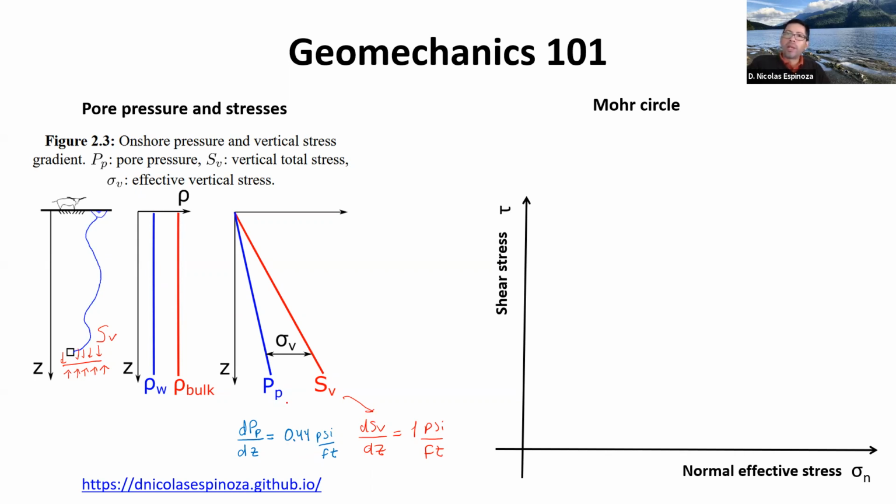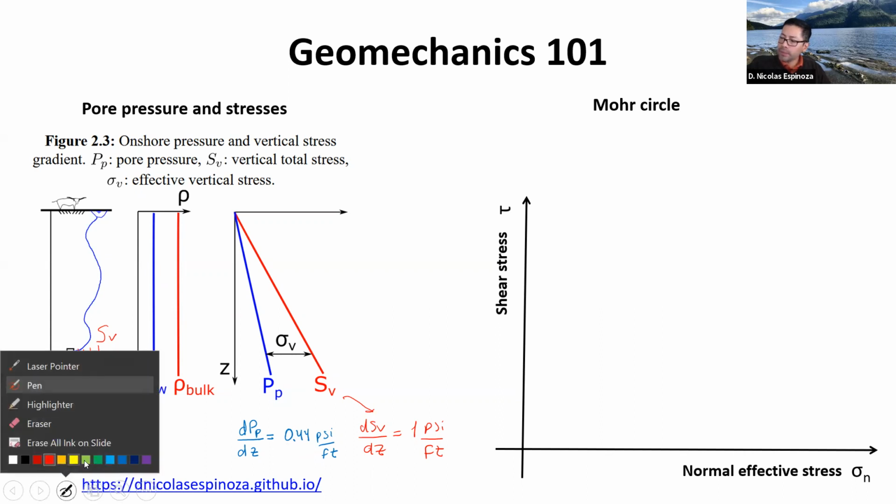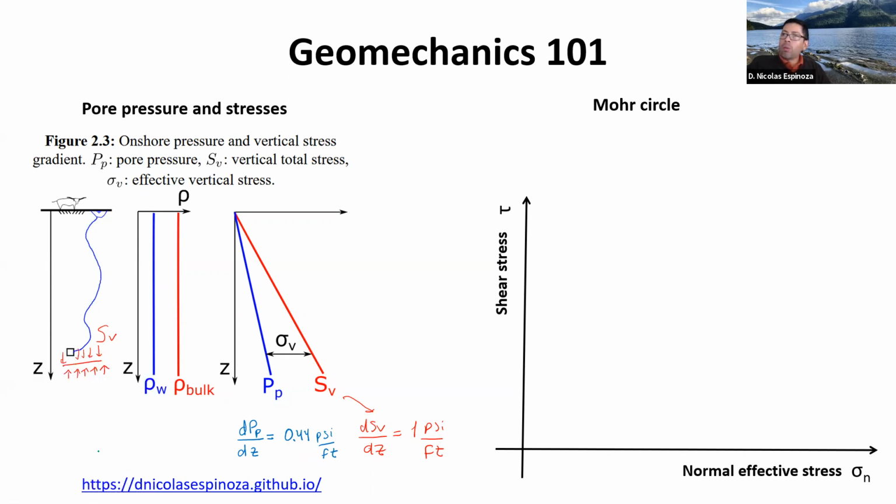All right, well, let's add 2 more lines in here. One thing is the vertical stress, but in mechanics, stress actually depends on the direction in which you measure it.